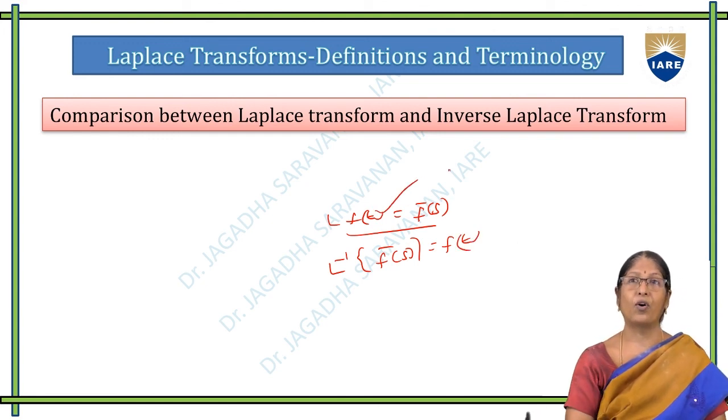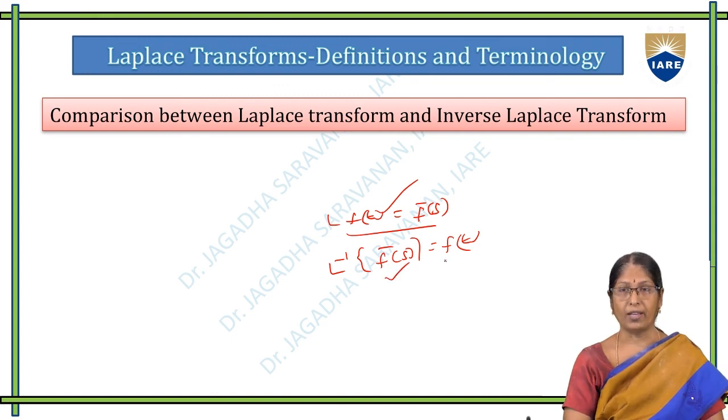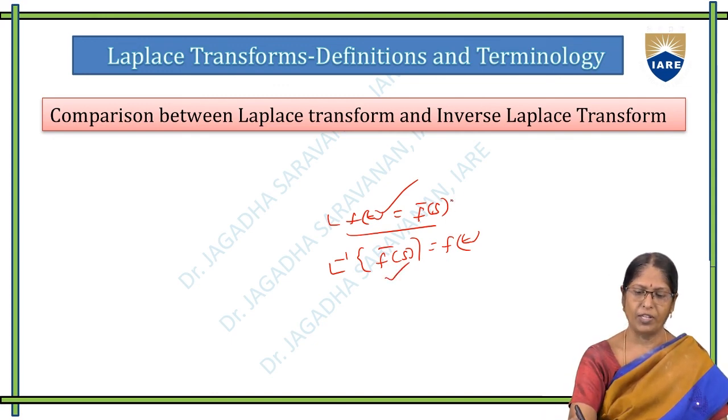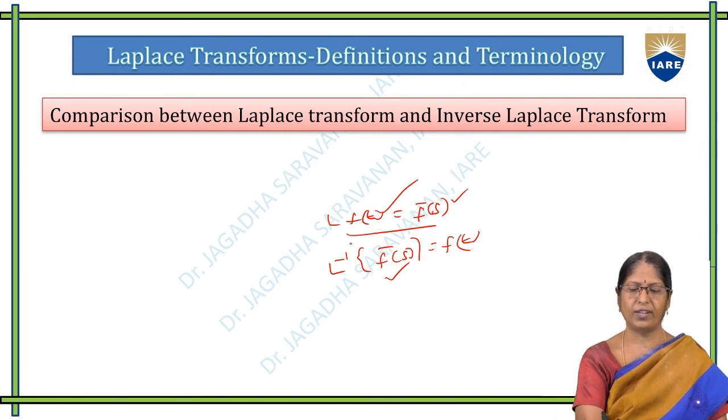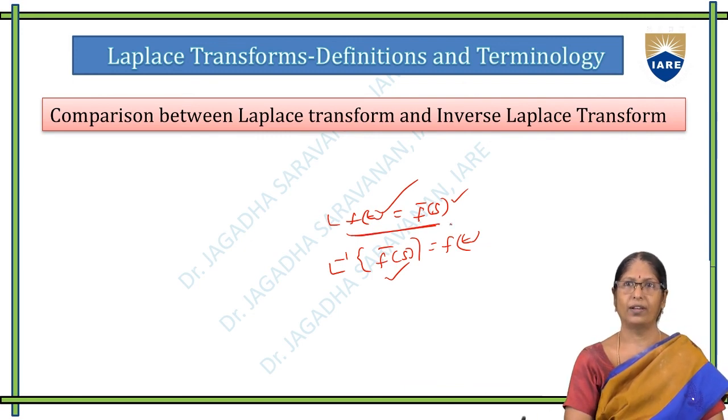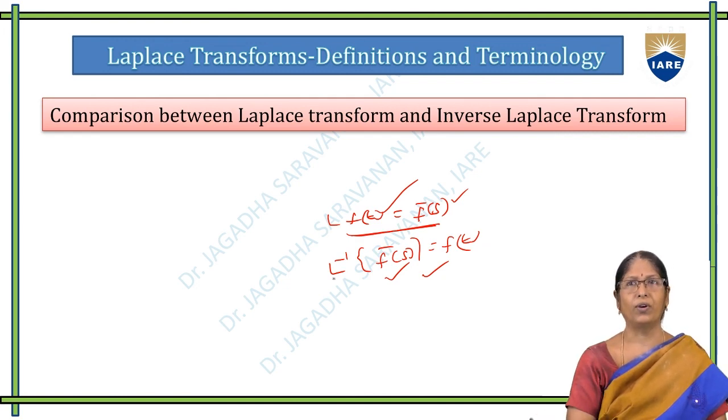Here f of t, here f bar of s. Here multiplied by t, divided by t, integral, derivative, first shifting, second shifting, everything is there in Laplace. Here multiplied by s, divided by s, first shifting, second shifting, derivative, integral, all the theorems are there for inverse also.